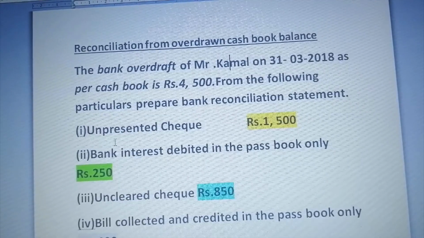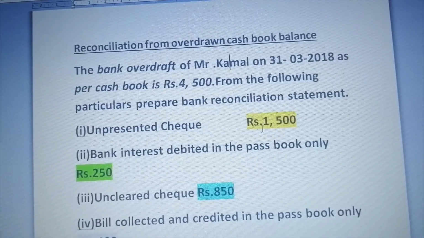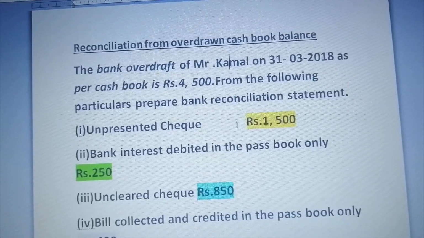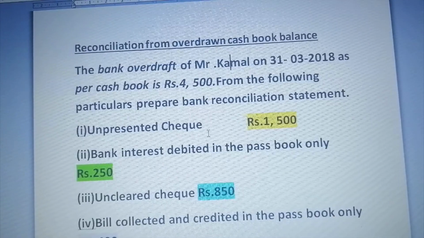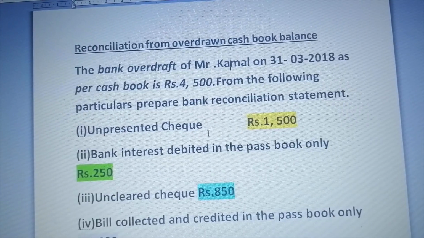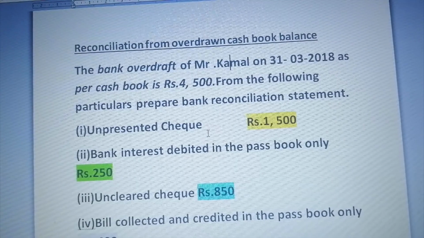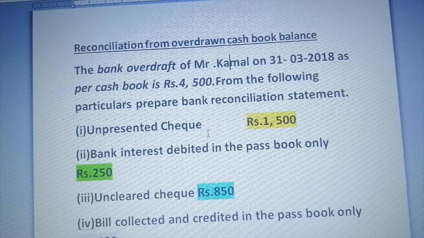First one, unpresented check rupees 1,500. Unpresented check means the check was issued by the customer but still it is not presented into bank. When a customer issues a check, what will happen? That leads to reduce the balance in cash book, whereas until it is presented into bank, it does not make any changes in the balance of passbook.